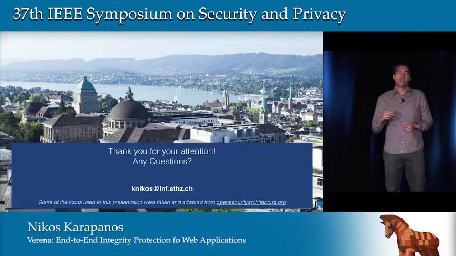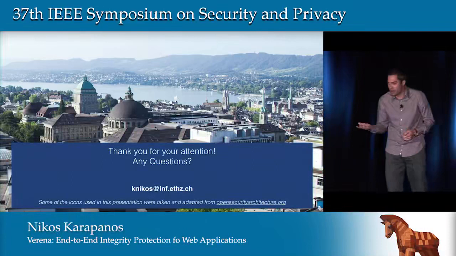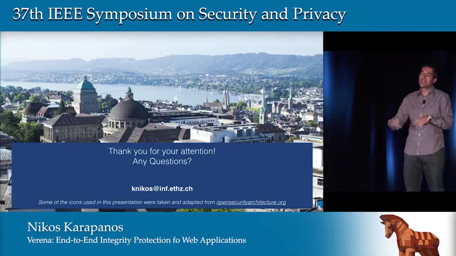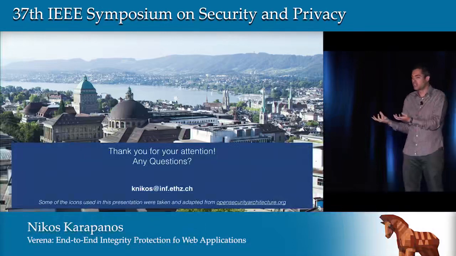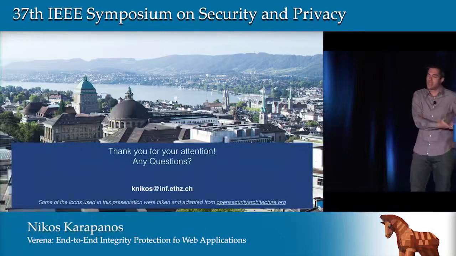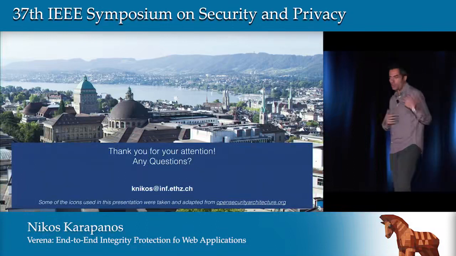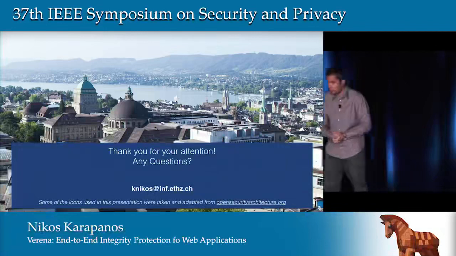But of course, Meteor is not the only framework out there that is used by web applications. So yes, the idea would be that you can take the concepts introduced by Verena, implement them in whatever other web application framework, and get the same guarantees that we tried to provide with our implementation on Meteor.